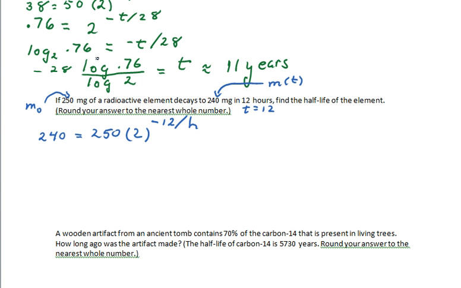And so 240 divided by 250, we're going to divide both sides by 250. That's the same as 24 over 25, or 96 hundredths, equals 2 to the negative 12 divided by h.